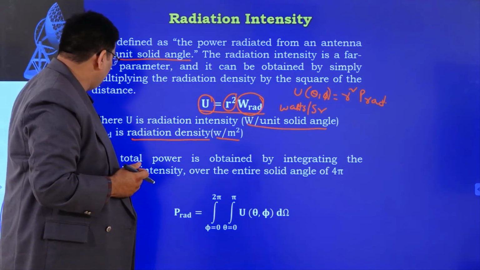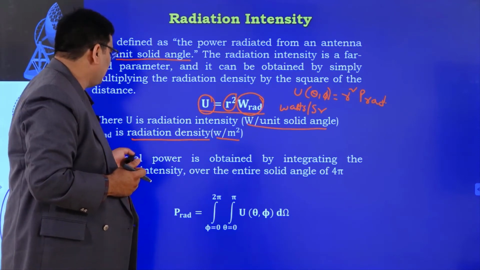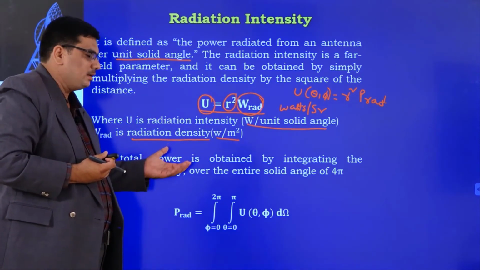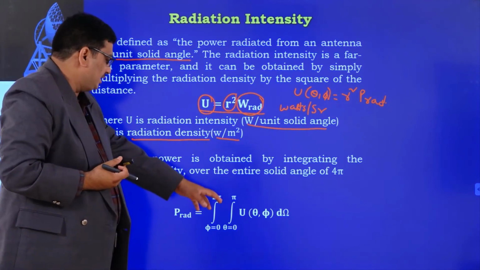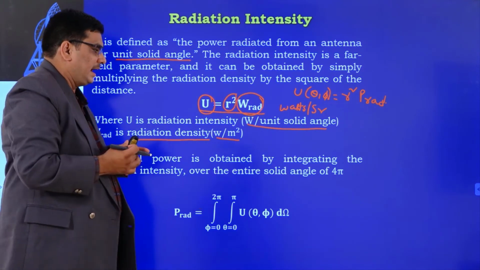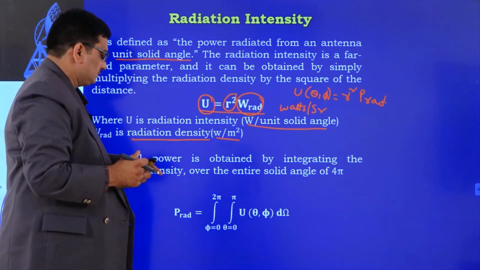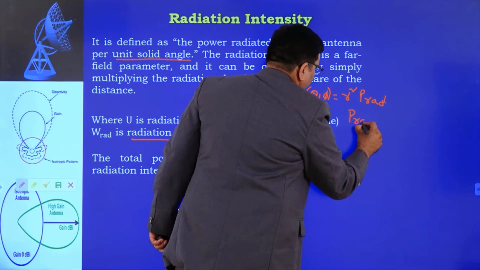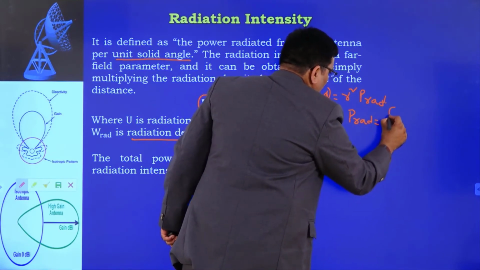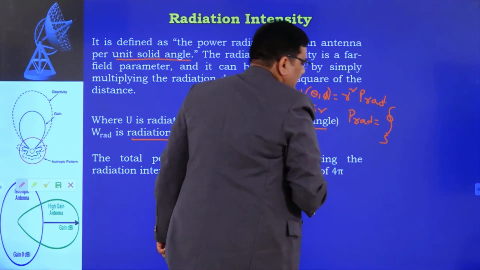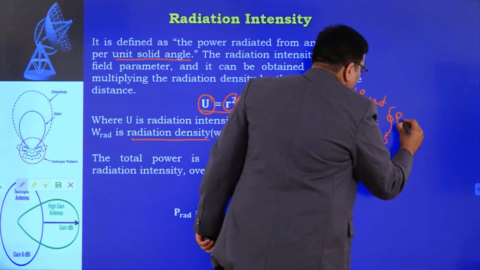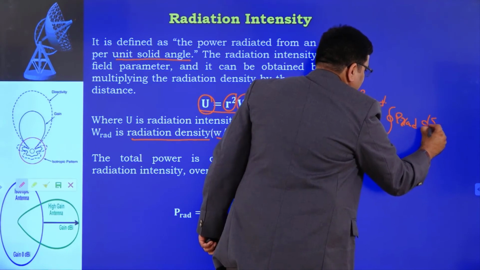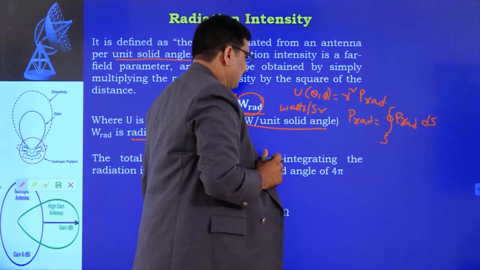Suppose we want to find the total power. The total power can be obtained by integrating the radiation intensity over the entire angle of 4 pi. So we are finding P rad. P rad is equal to the surface integral of PD dS.